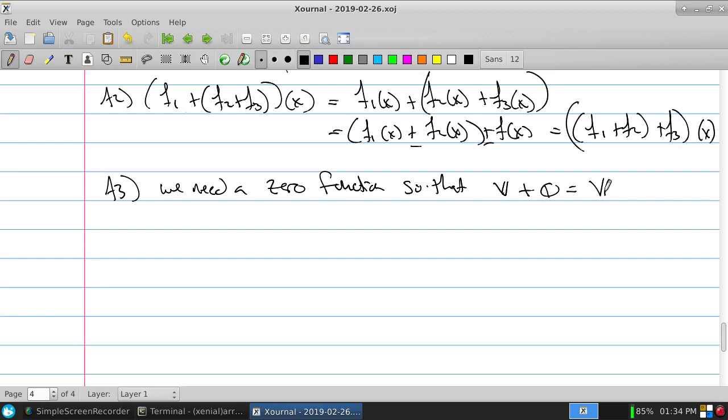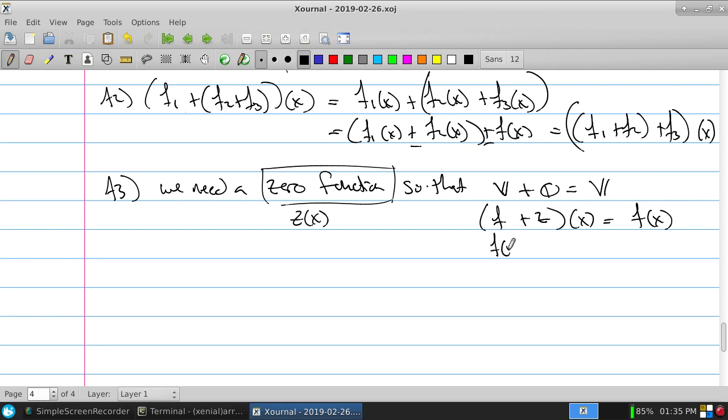I think I'm going to go ahead and call my 0 function, I'm going to call him z of x. I need a z of x so that a function plus my z is still just plain old f of x. But what is f plus z? That's really f of x plus z of x is supposed to be f of x.